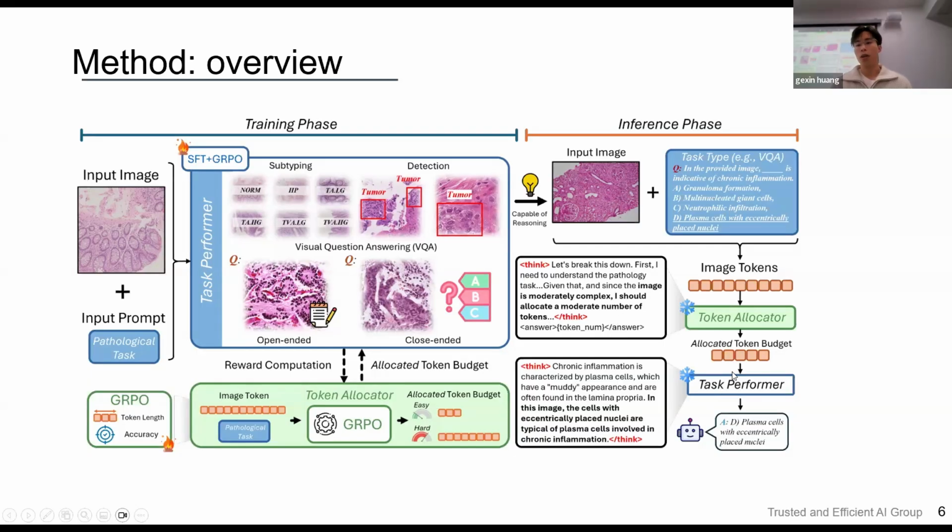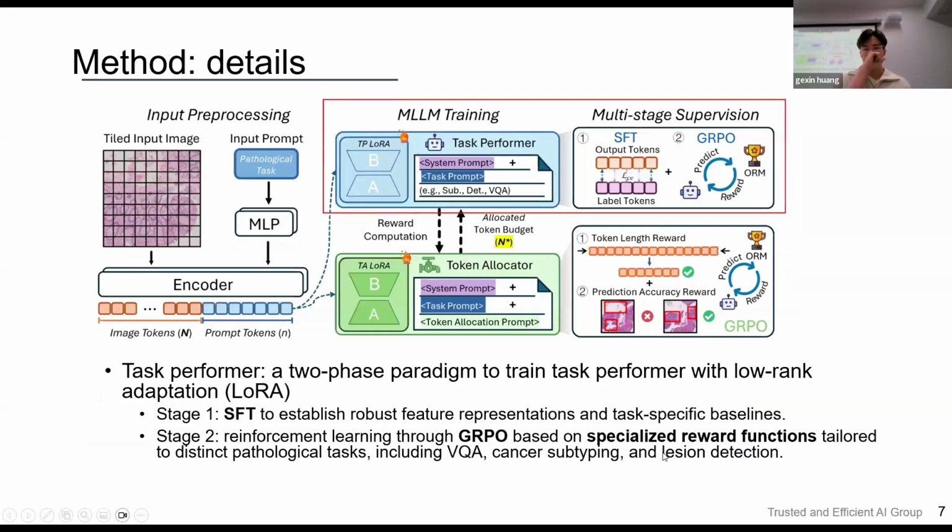After that, it will utilize the task performer to reason out the corresponding answer based on the input text and the image. And let's take a closer look at the details of this methodology.